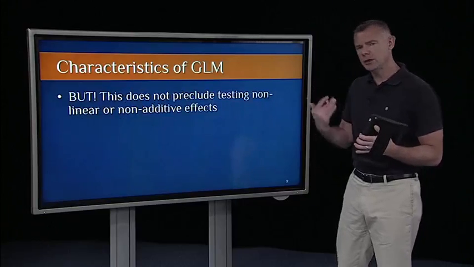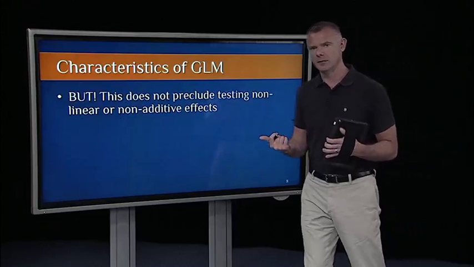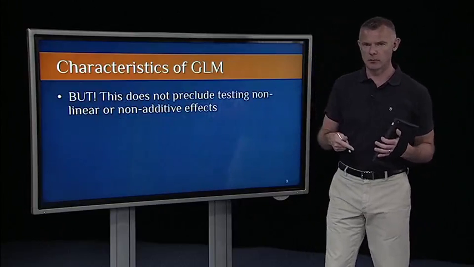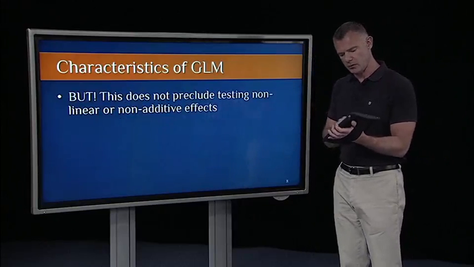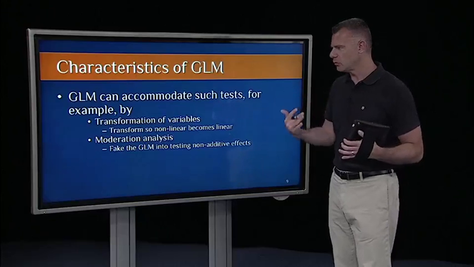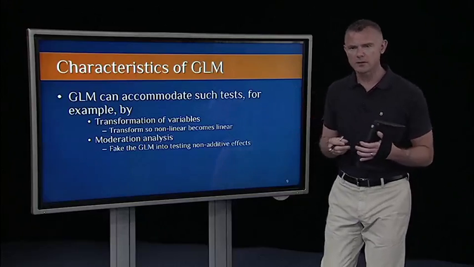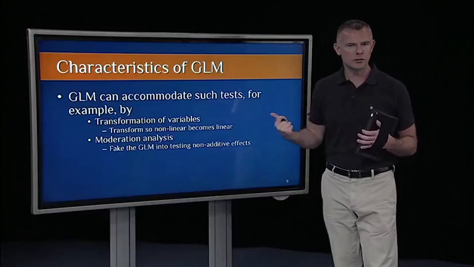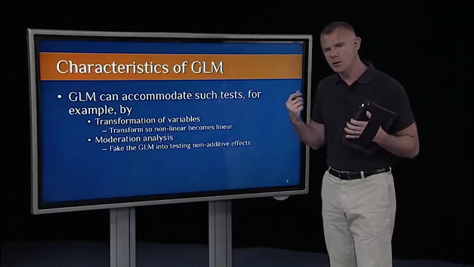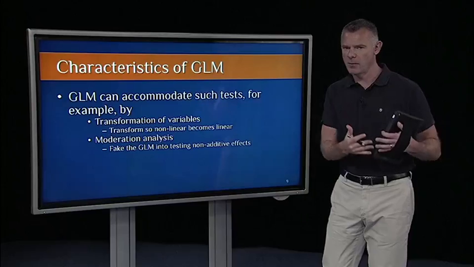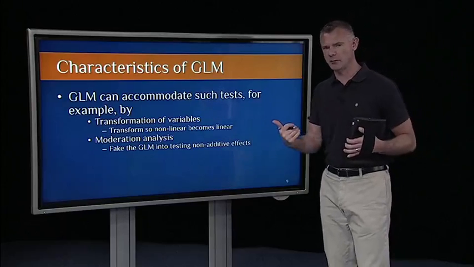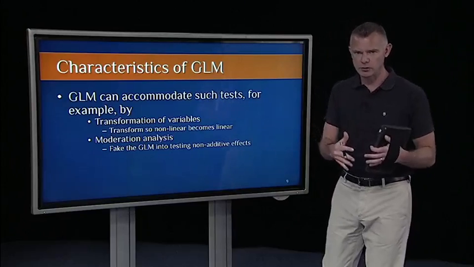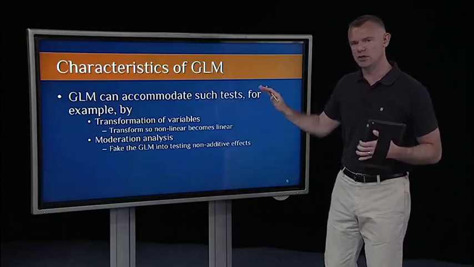Remember, that didn't preclude us from testing nonlinear relationships or dealing with non-normal variables, right? There were some situations where what I call a quick fix got us by and we could use the GLM. Just like a quick fix got us by in a lot of parametric procedures, we didn't have to go to non-parametrics. We could just use the parametric and we could use the GLM.